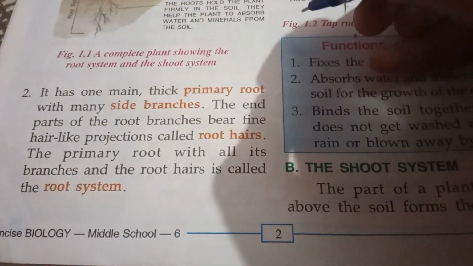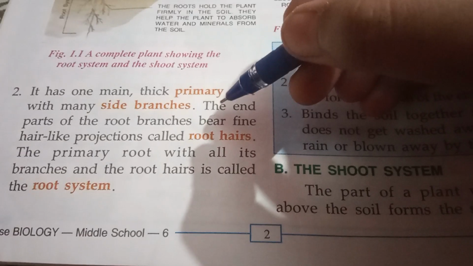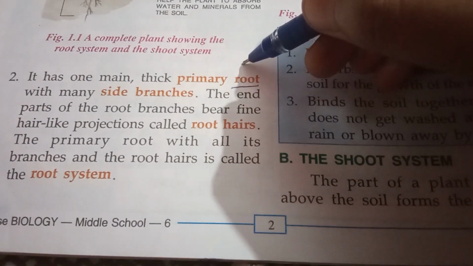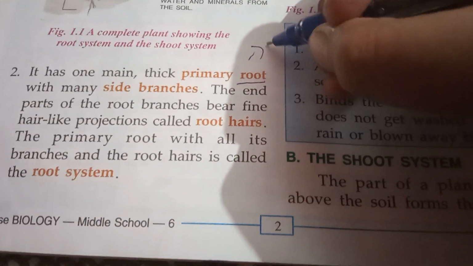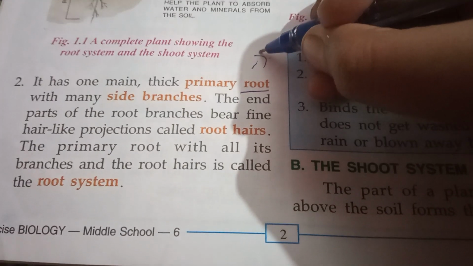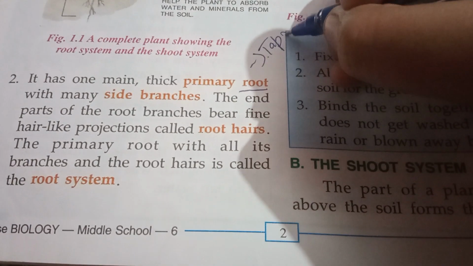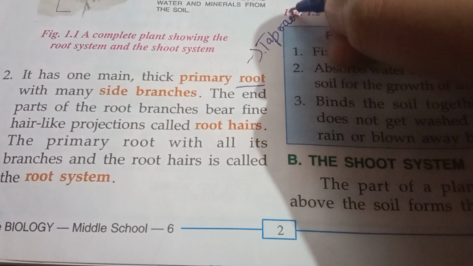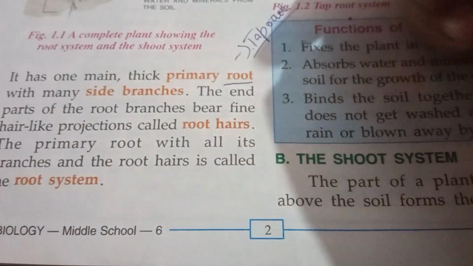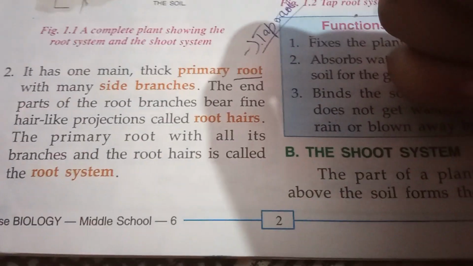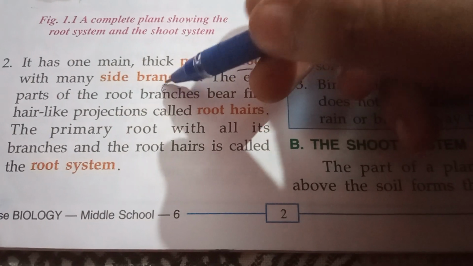So just a quick recap, the primary root is only in one kind of root, which is taproot. Only one kind of root has primary root and side branches.